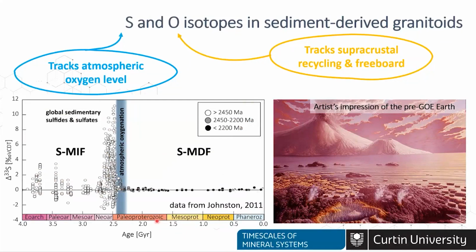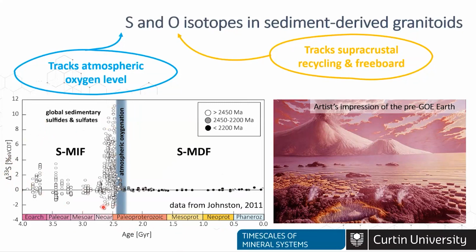So I've already showed a very similar figure to you before. We have here the global sulfur isotope record of sedimentary sulfides and sulfates. This is expressed as Cap delta 33S. And this blue bar here marks the timing of the great oxygenation event.